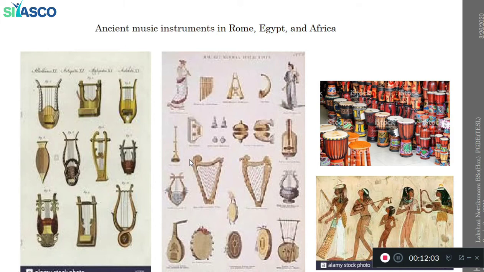Music and the generation of sound is a part of human beings. It is evident in all ancient civilizations. This slide shows you different types of musical instruments that were found in ancient Rome, Egypt, and Africa.